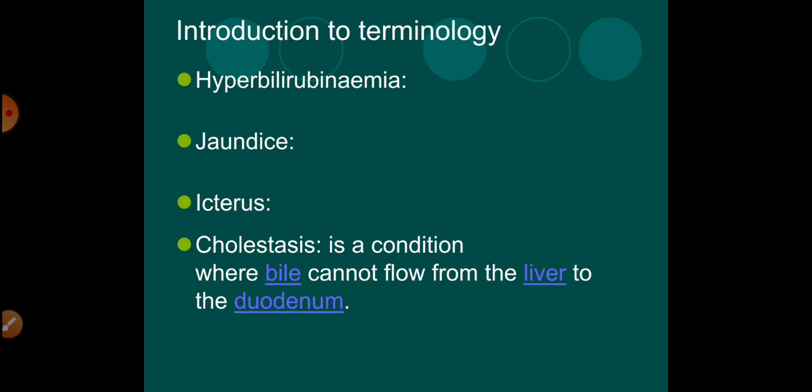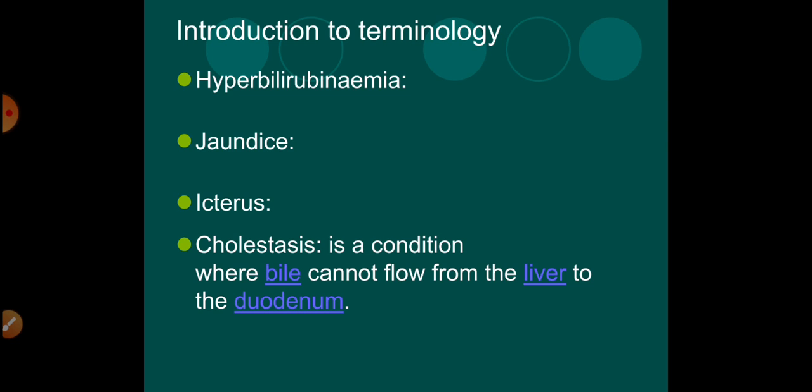Then what is jaundice? Jaundice is a sign due to hyperbilirubinemia. When the concentration of bilirubin is above 2 milligrams per deciliter in the blood, there will be yellowish discoloration of the skin, mucous membrane and sclera, which is called jaundice.